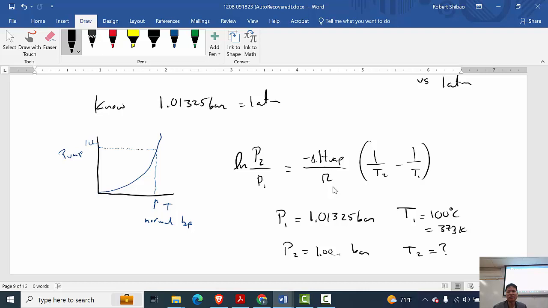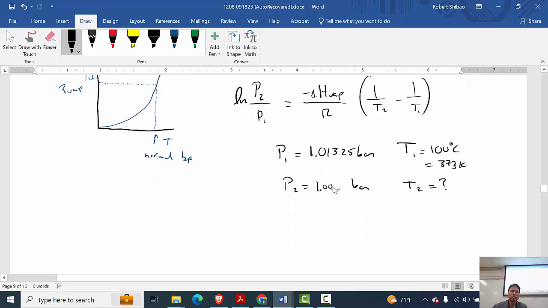I should solve for T2. All right, so let's just plug in the numbers. ln of P2 over P1 is 1.00 over 1.01325, equal to delta H of vaporization, which is just the delta H that we just looked at.